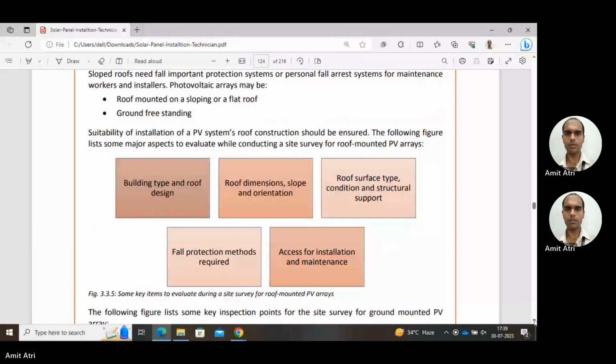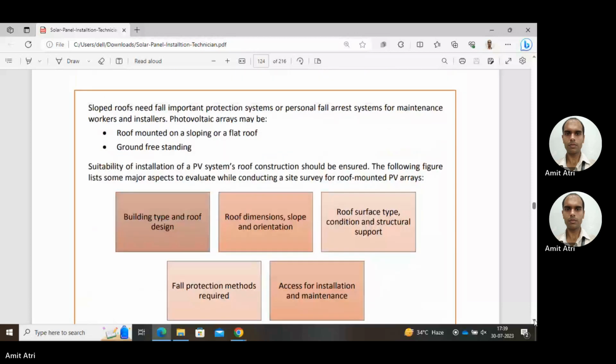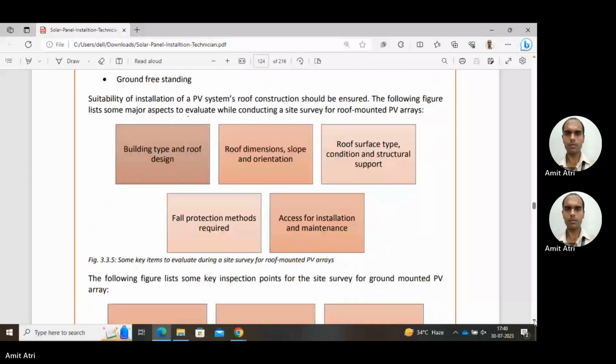Photovoltaic arrays may be roof mounted on a sloping or flat roof, or ground freestanding. So both types. For suitability of installation of a PV system, roof construction should be ensured. The figure shown here indicates the major aspects to evaluate while considering the site survey for a PV array.